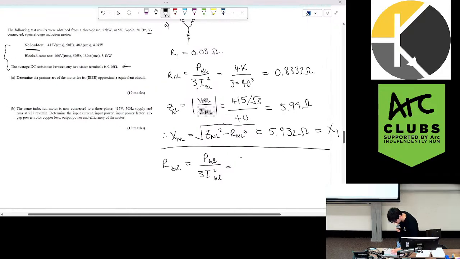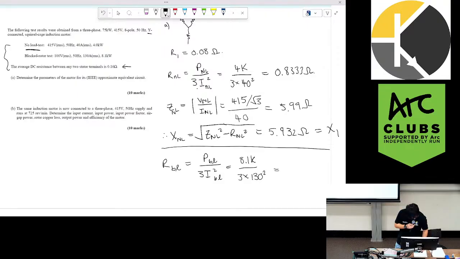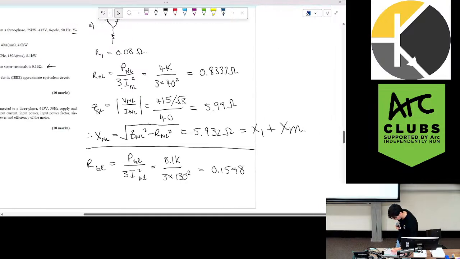So we have 8.1K over 3 times 130 squared. And that gives a value of 0.1598. And that is R1 plus R2 dash.